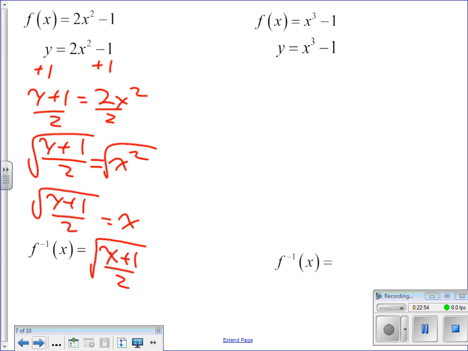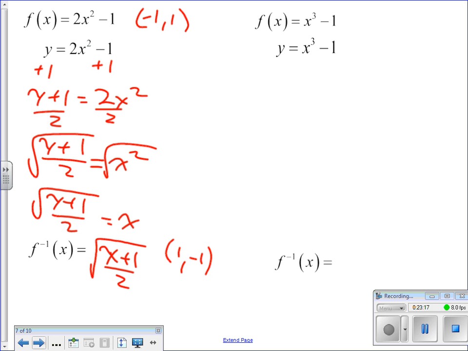So if x is -1, then when I come down here, if I put in 1, I should get -1 back out, right? 1 plus 1 is 2. 2 divided by 2 is 1. Square root of 1 is 1, not -1.